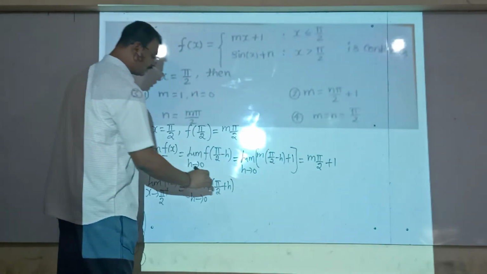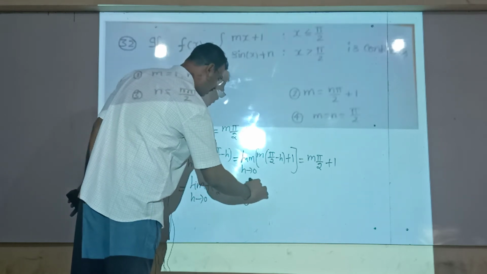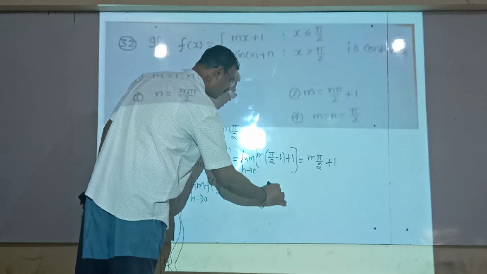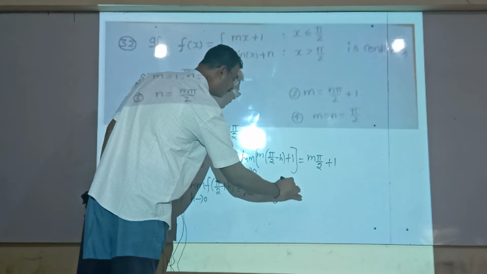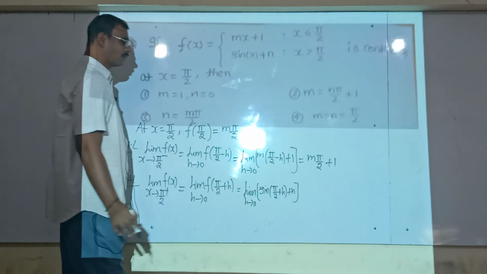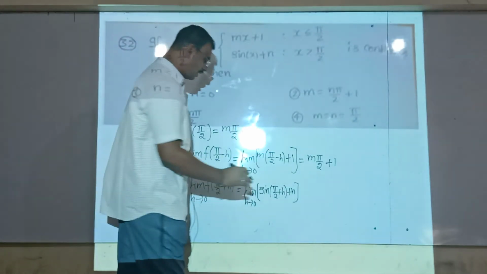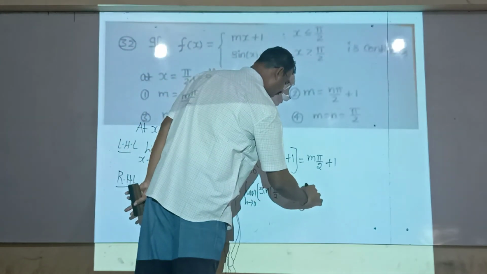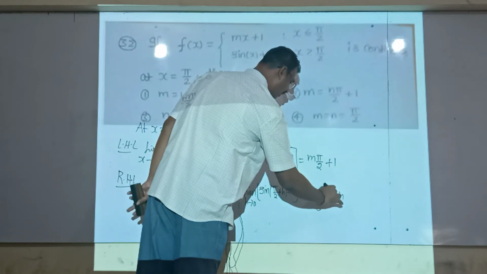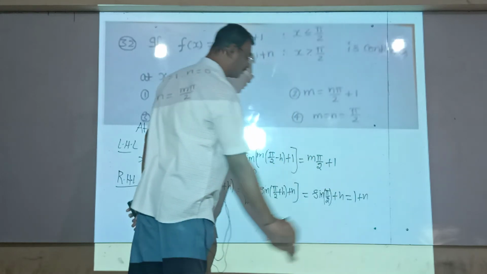So substitute that. This is equal to limit of sin of pi by 2 plus h, plus n, as h tends to 0. Now apply the limit. This becomes sin of pi by 2 plus 0, that is sin pi by 2 plus n. We know that sin 90 is equal to 1, so 1 plus n.